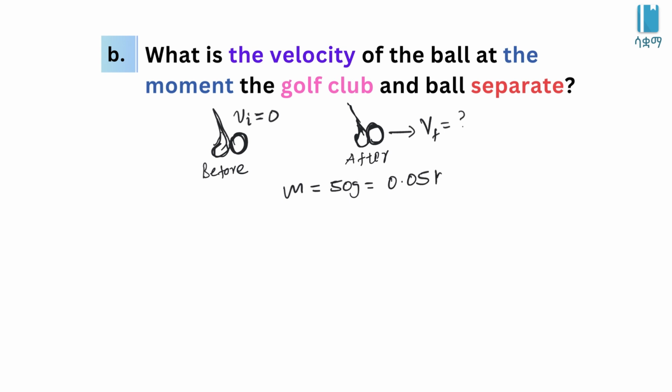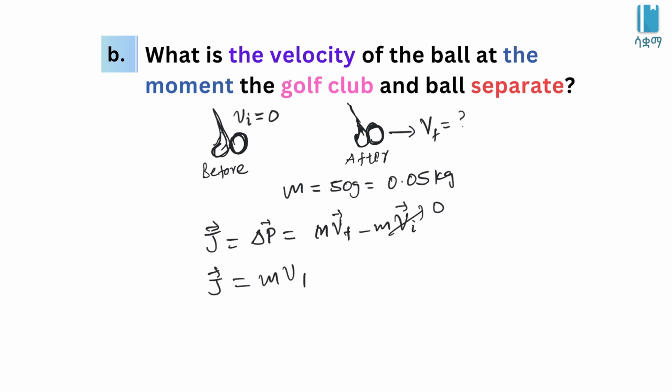Which is 0.05 kg. Now impulse is the change in momentum. The change in momentum is m times v final, the final momentum, minus mass times v initial, the initial velocity. Since the initial velocity is 0, the impulse is simply m times v final.